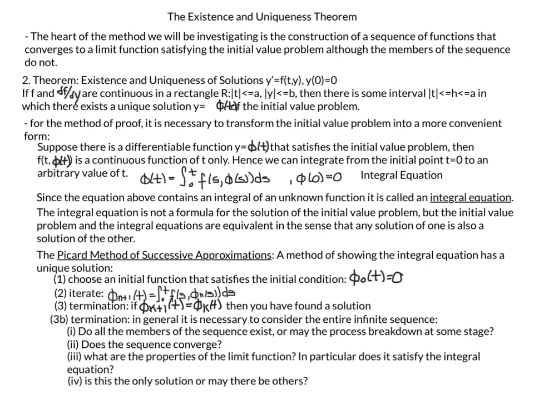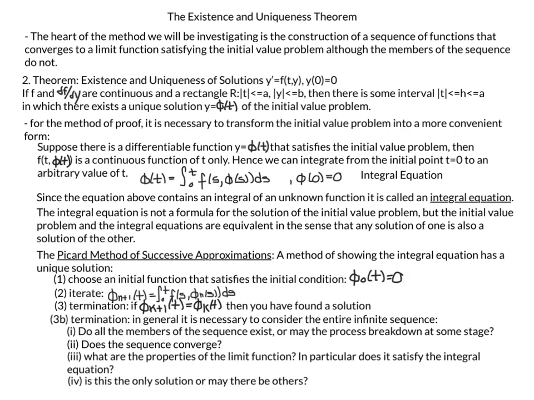And then what we are going to do is a Picard method of successive approximations. Remember, our approach is to construct a sequence of functions that converges to a limit function that will be the solution. So we're going to successively approximate the solution and hope that in the limit we actually have a solution. This is a method of showing the integral equation has a unique solution. We're going to start with an initial function that satisfies the initial condition. We'll just say our phi naught of t is equal to 0.